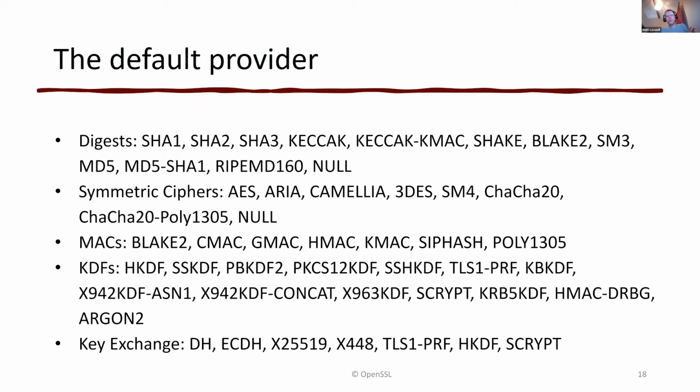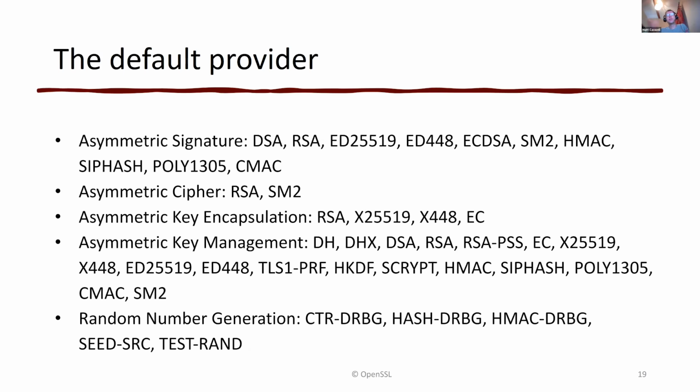I'm not going to read all of these algorithms, but suffice it to say that the default provider comes with a broad set of algorithms available covering all sorts of different operation types. So we're talking about digests and ciphers and MACs and KDFs and signatures and random number generators and so on. Lots of different algorithms.